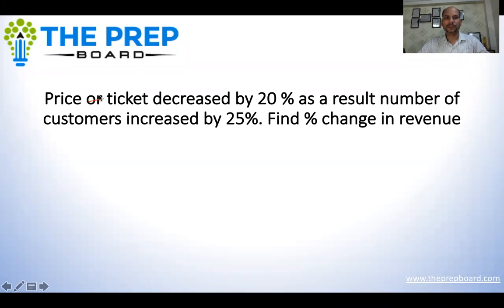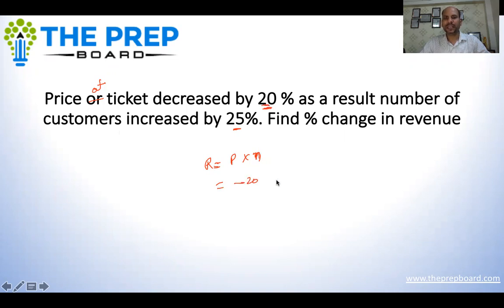Price of tickets decreased by 20%, and as a result, the number of customers increased by 25%. Percentage change in revenue? So you can say clearly that the revenue should be equal to price of tickets into the number of tickets sold. So we can see the price of tickets has been decreased by 20%.